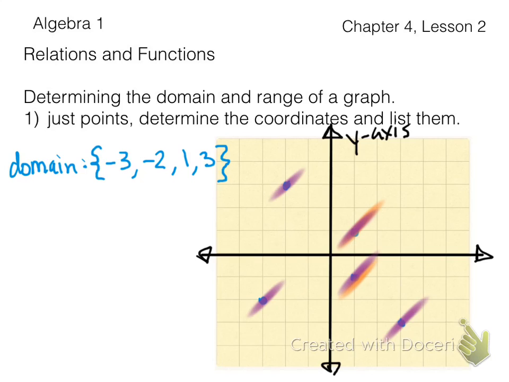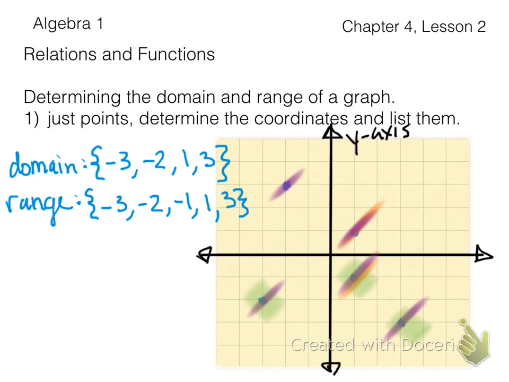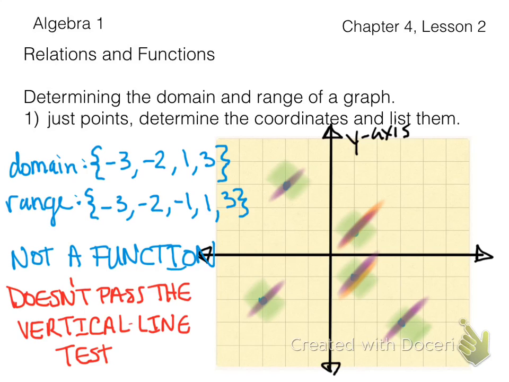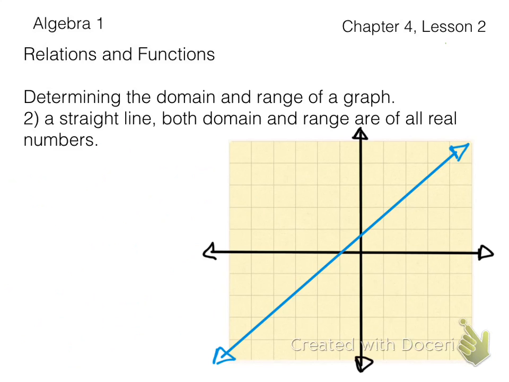Okay, so now when I go look at the ranges, the ranges have to do with the y-axis. So I've got a dot at -3, a dot at -2, -1, 1, and 3. Okay, so those are the domain and range, but again, we already knew it wasn't a function because it didn't pass the vertical line test. Okay, let's move on.